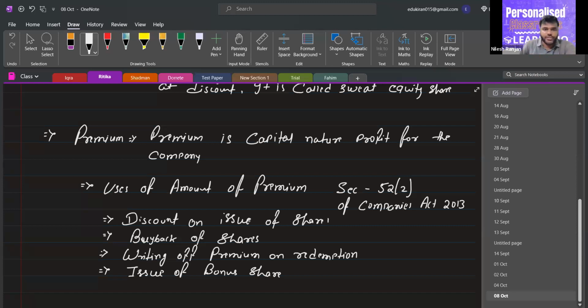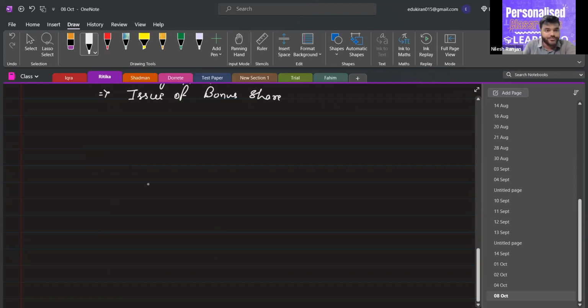Now the journal entry. When we receive a premium in case of lump sum basis, what will be the journal entry? You have written the journal entry, I think. Sir, I don't think I wrote it, but I can tell.